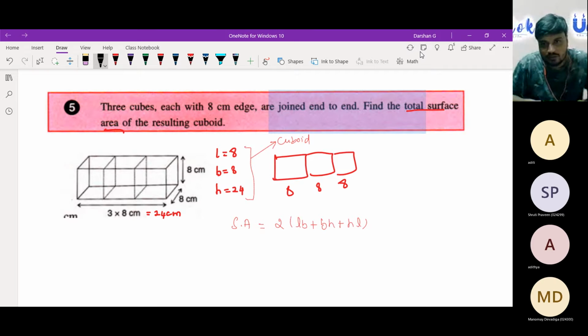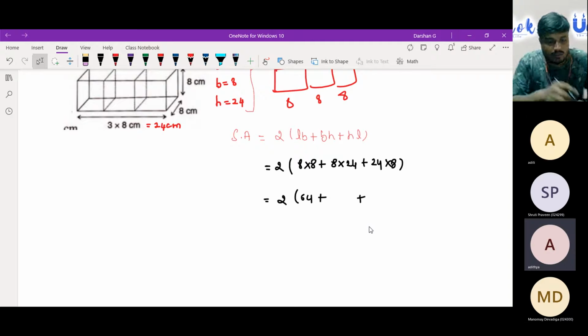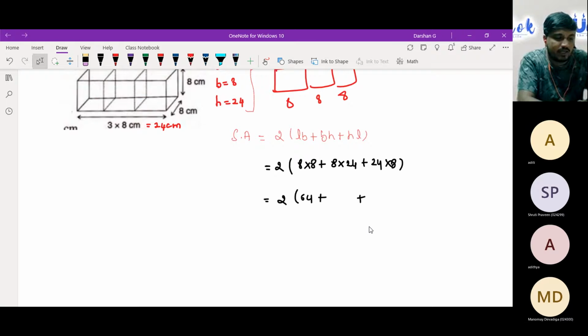So this will be equal to 2 times of 8 into 8 plus 8 into 24 plus 24 into 8. So 2 times of 64 plus, what is 8 times 24? Anybody from Abacus who can solve this very fast?